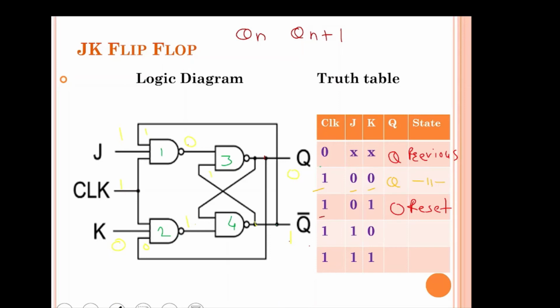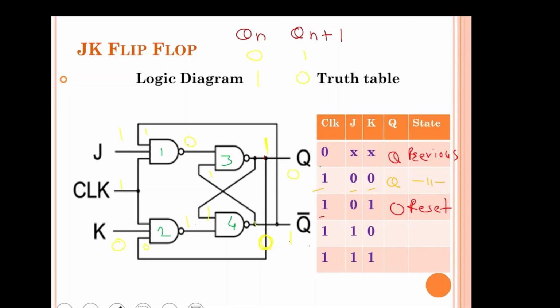So this 0 1 will become 1, and this 1 goes here and this 1 1 will become 0. So this is going to be the next state output, that is 1 0. And here we have assumed that the previous condition was 0 1 and we have got the next state, that is 1 0. Okay, we have checked for the first previous output condition, that is 0 1.